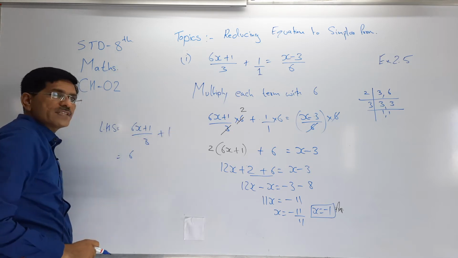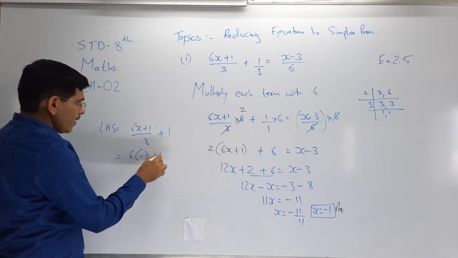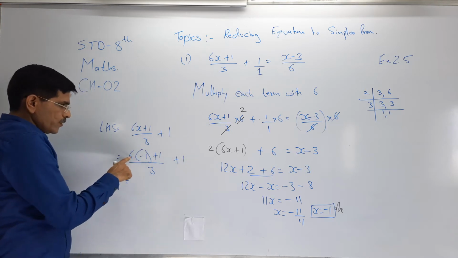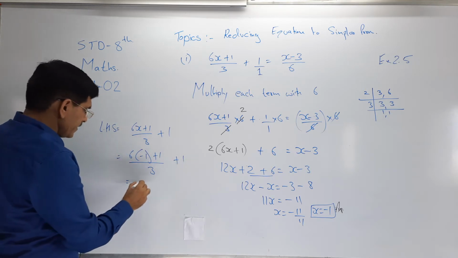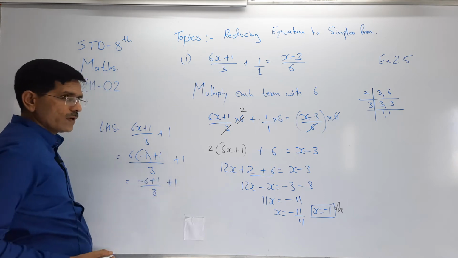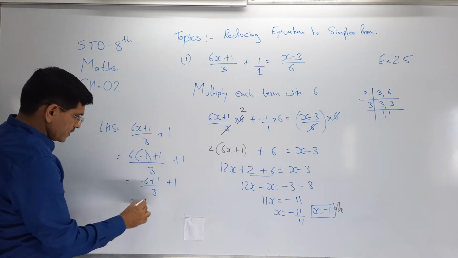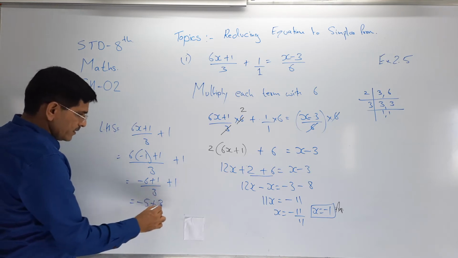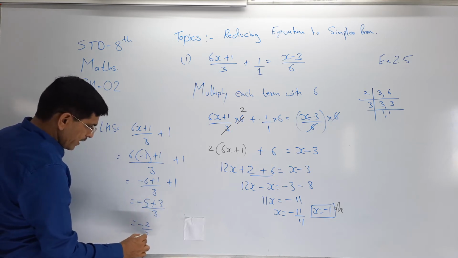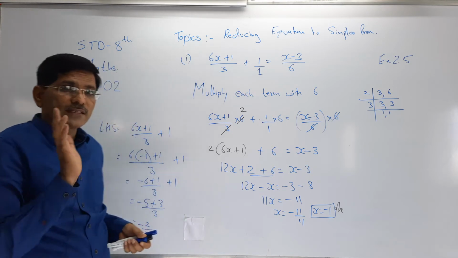Now put the value of x, that is minus 1: 6 ones are 6, so minus 6 plus 1 upon 3 plus 1. So minus 6 plus 1, that is minus 5. Then minus 5 plus 3 ones are 3, divided by 3. So we get minus 2 by 3 on the left hand side.